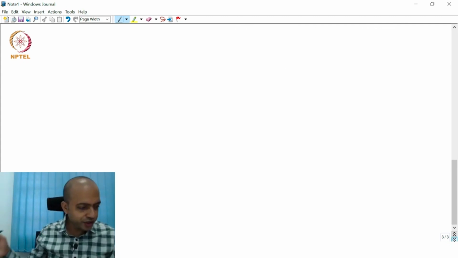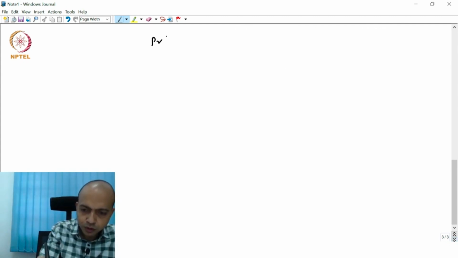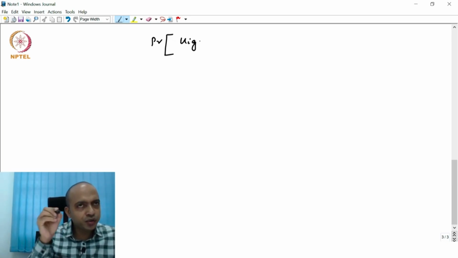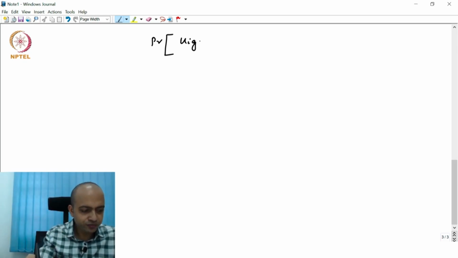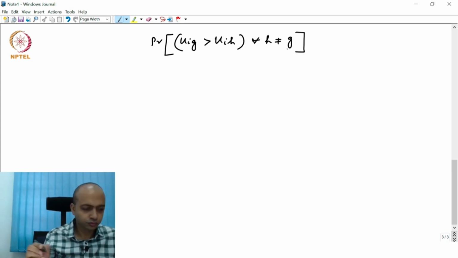Now this probability, in notation we can write, the probability that Uij, that means the utility derived by the ith individual from the jth alternative, is greater than Uih for all h not equal to G. Okay, very simple.